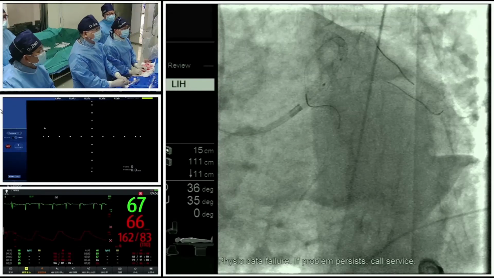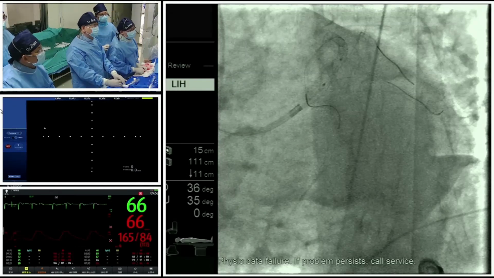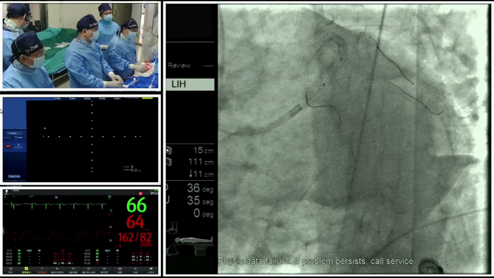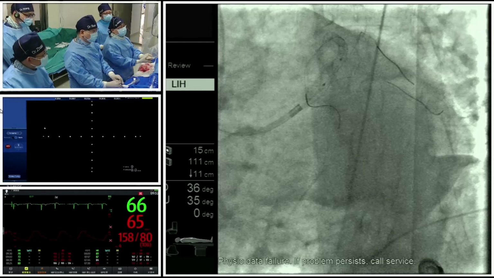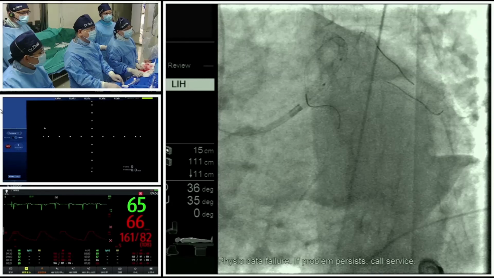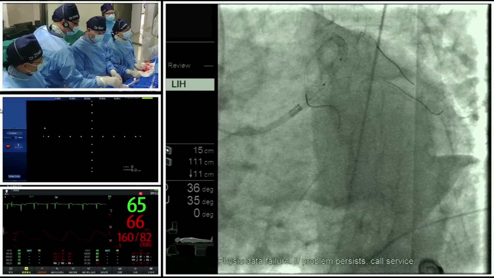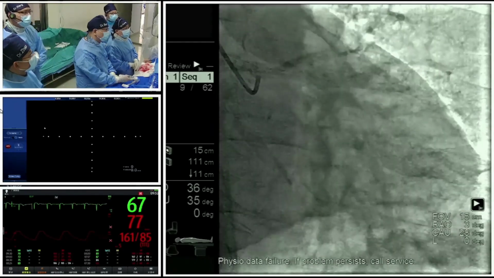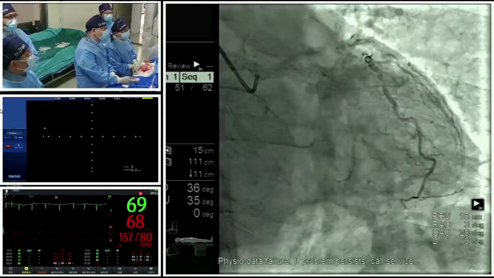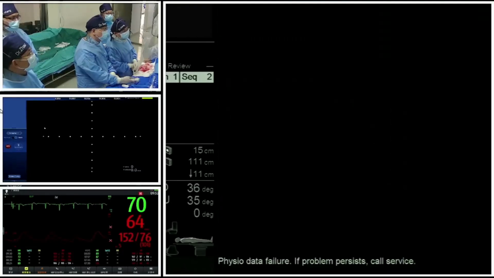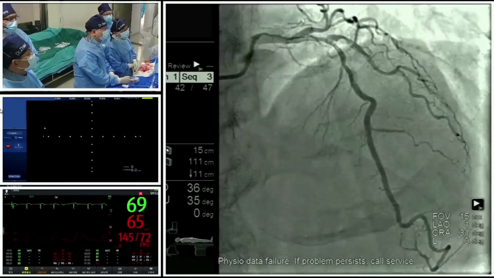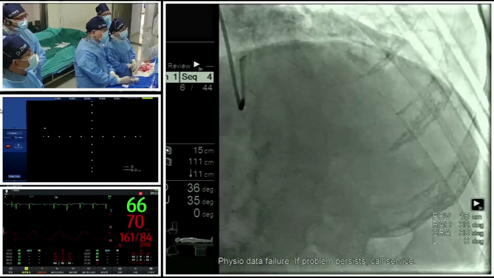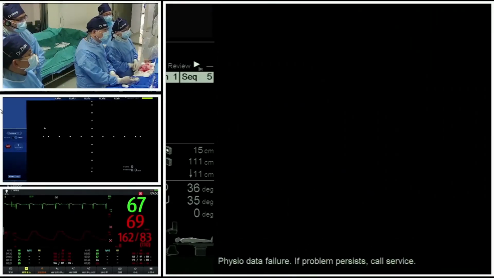For this patient, after intravascular imaging, we found surface calcification, and we performed intravascular lithotripsy to modify the calcification, and then implanted 3 stents from the middle left anterior descending to the left main, and the diagonal and the circumflex were protected by jailed balloon.